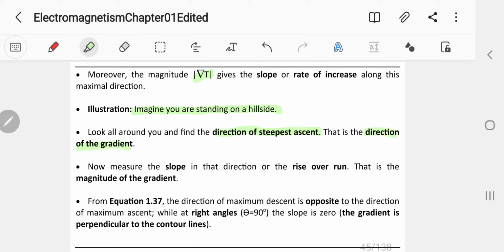That is the direction of the gradient. So the slope, again, that's rise over run in a two-dimensional plane, that's rise over run. But in general, that is the magnitude of the gradient, the slope.